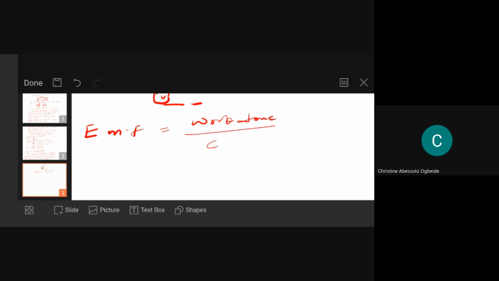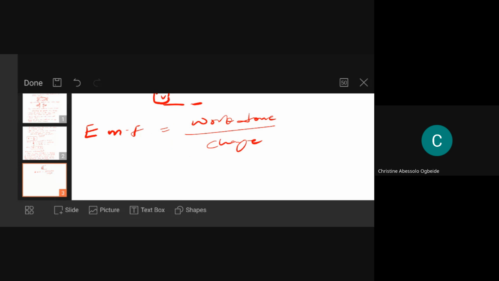And we can actually calculate the EMF by using this formula: the EMF is equal to work done all over charge. So let's say you don't know the EMF of the cell, but you know how much work is being done in the circuit, and you know how much charge flows through the circuit.